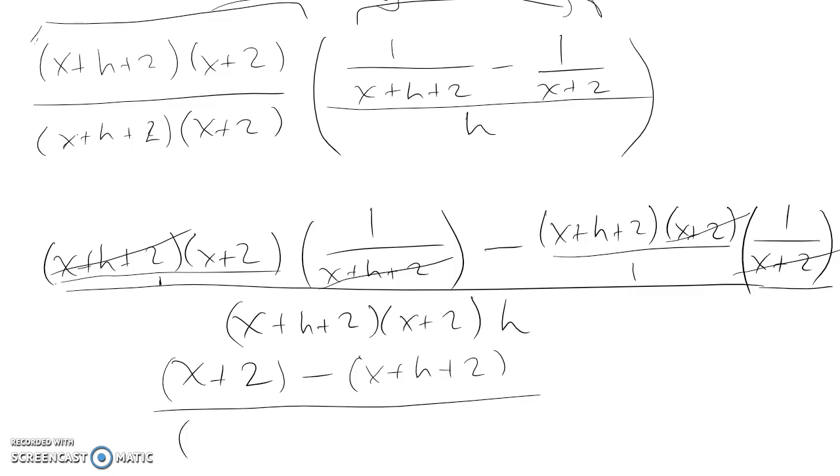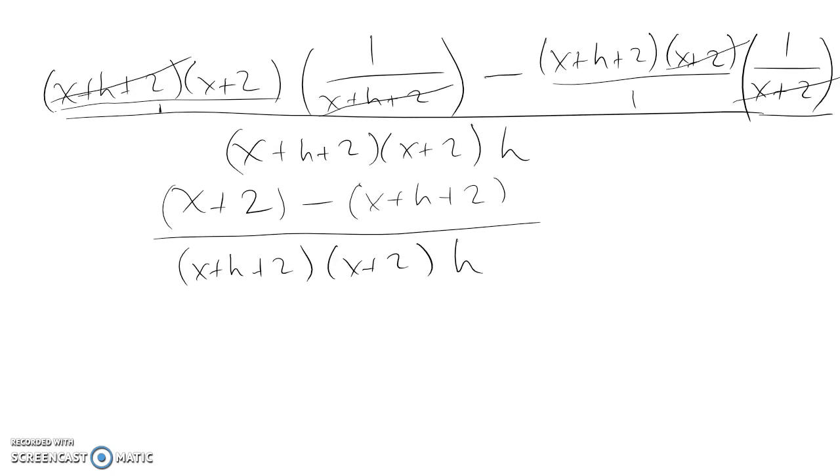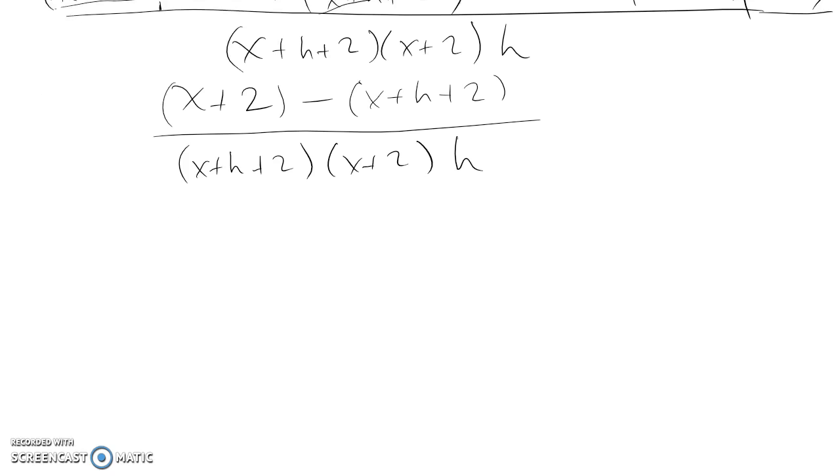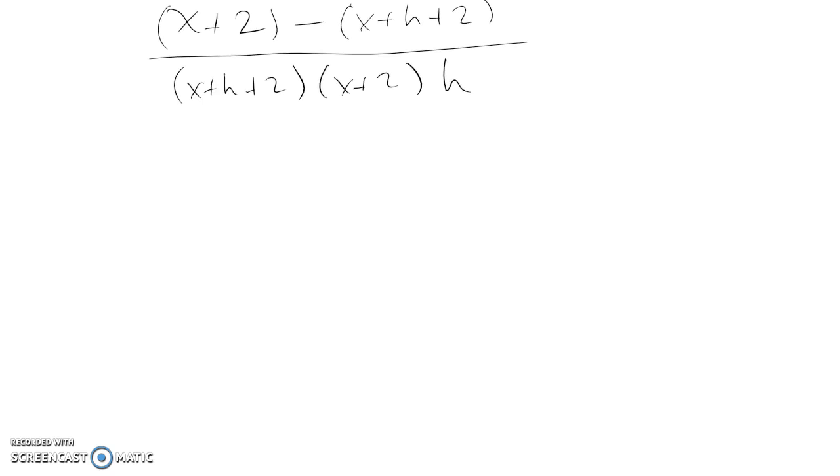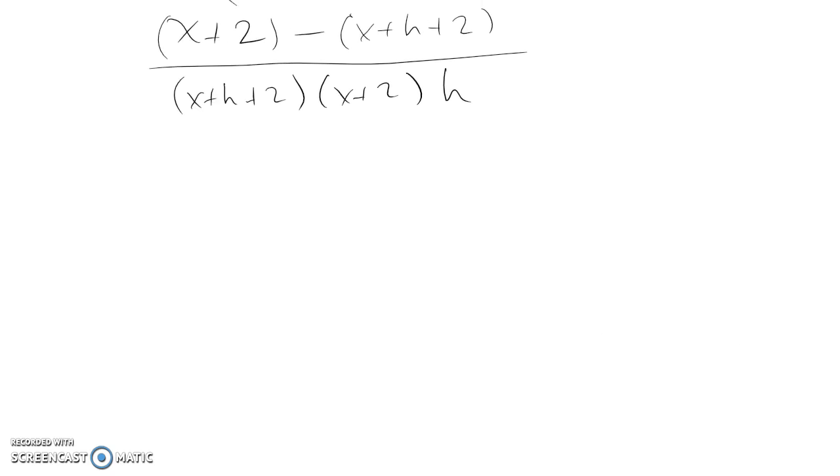Notice in the denominator, I still have x plus h plus 2 times x plus 2 all over h. Be careful not to cancel x plus 2's now or x plus h plus 2's now, because they are not factors in the numerator, they are terms. What we need to do is distribute the negative in between the two terms.